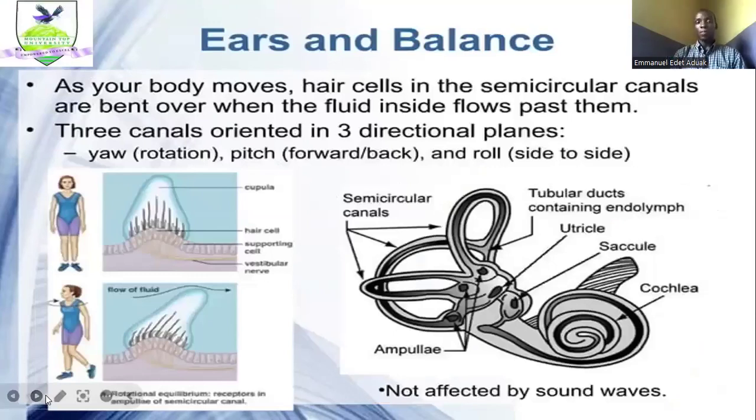As your body moves, hair cells in the semicircular canals are bent over when the fluid inside flows past them. Three canals are orientated in three directional planes, such as yaw, that is responsible for rotation, pitch, backward and forward movement, and roll, side to side movement.